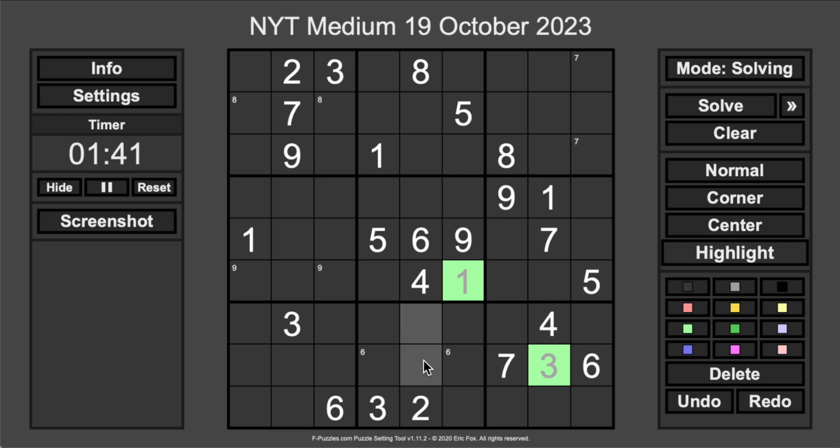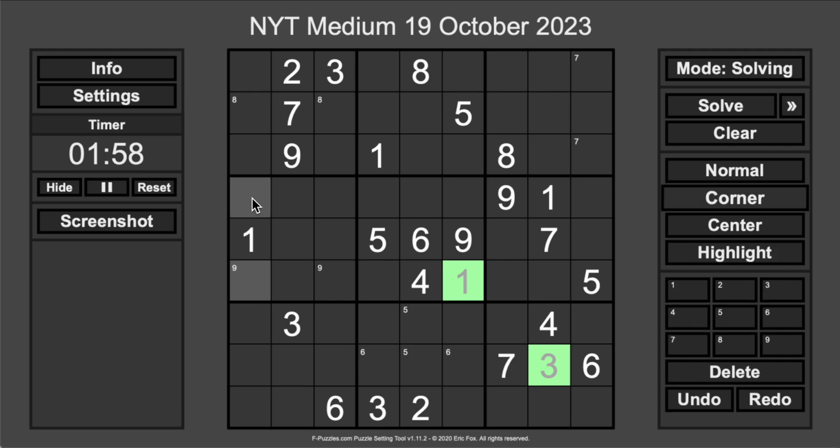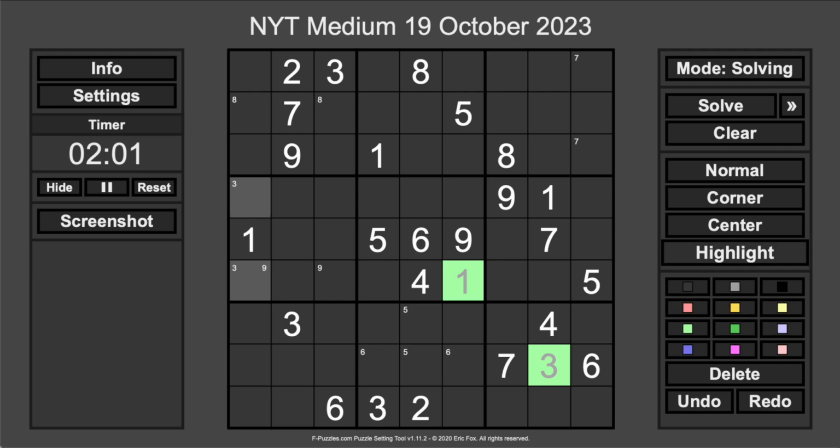That forces a 5 into one of those two. And on the leftmost 3 columns, I'm only going to be able to place a 3 in one of these two. Now, theoretically, this should be only 3 or 9.